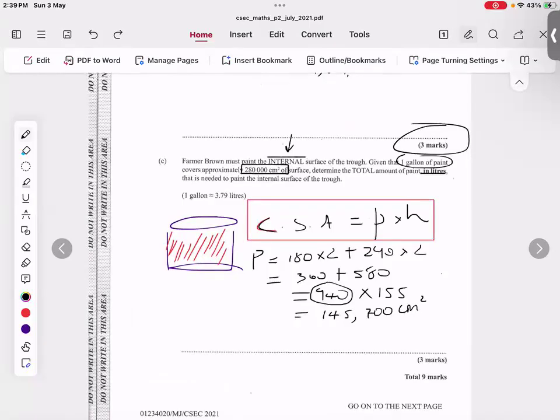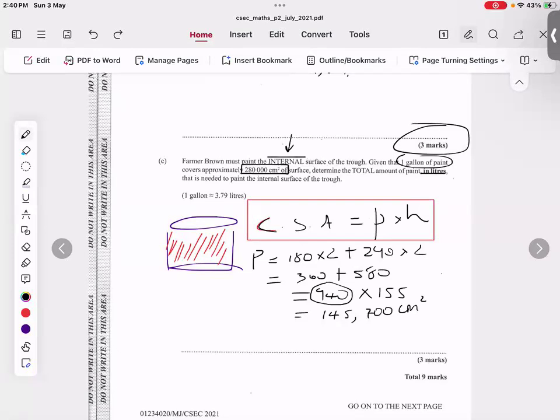Remember, I said curved surface area. So what about if you have two different sizes? It doesn't matter. The formula covers whether it's different size walls. I am thinking maybe I'm going to paint the floor too.